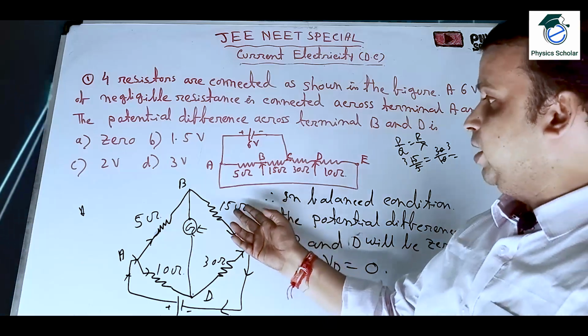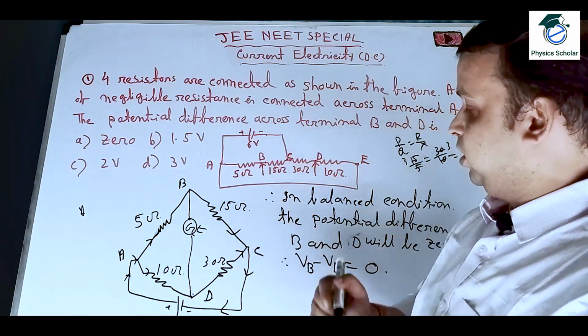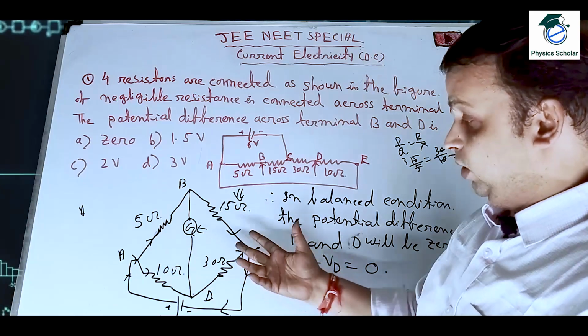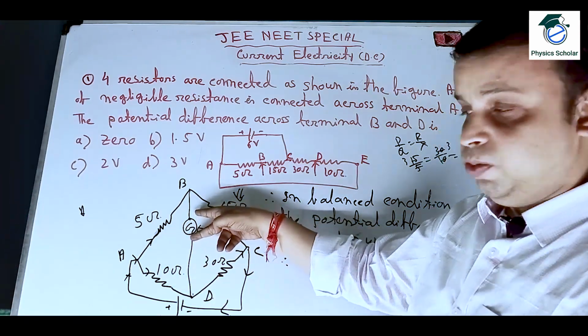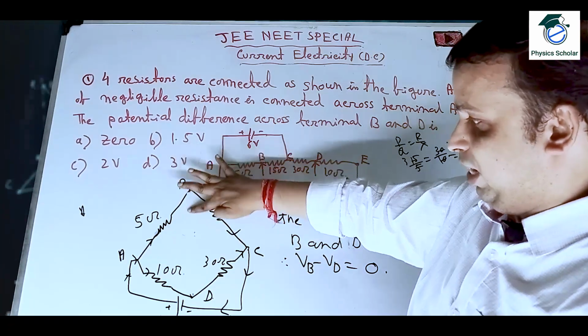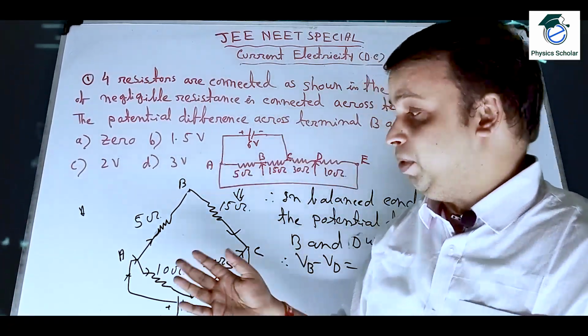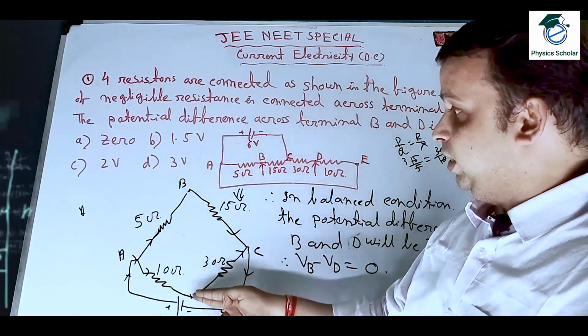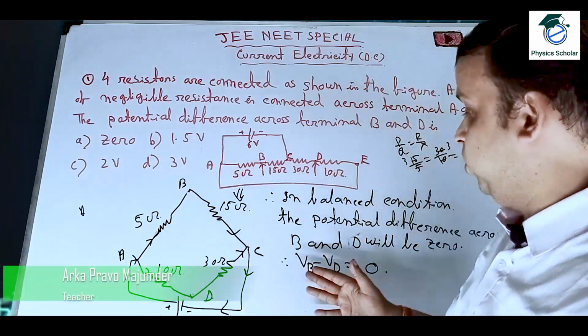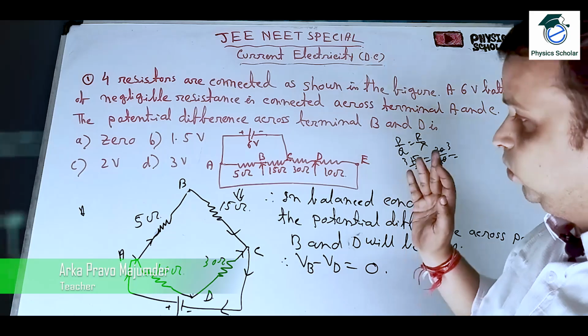This is the equivalent circuit from the diagram. In the balance condition, no current will flow. It is not given, but if we connect a galvanometer, no deflection will take place. That means the potential difference between B and D will be 0, VB minus VD is equal to 0.